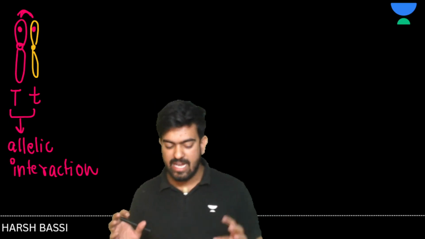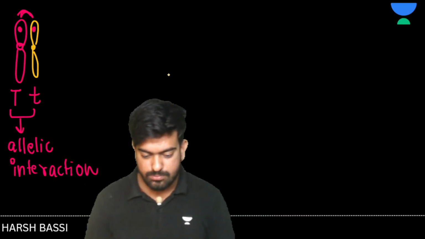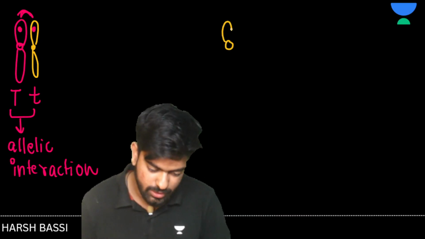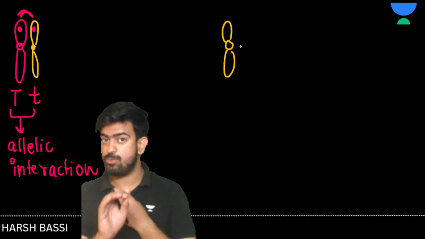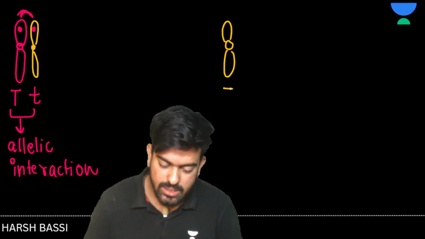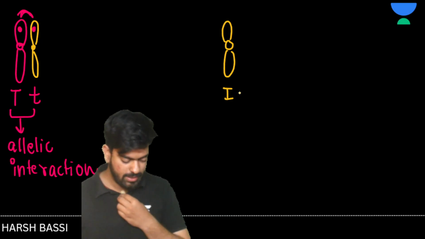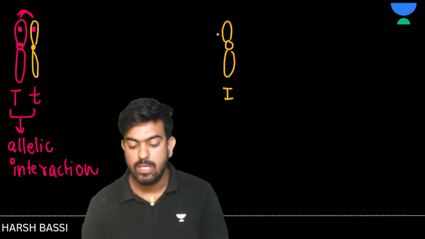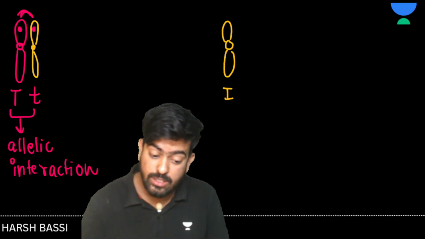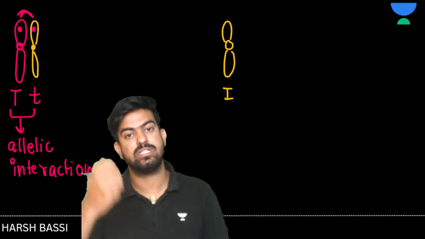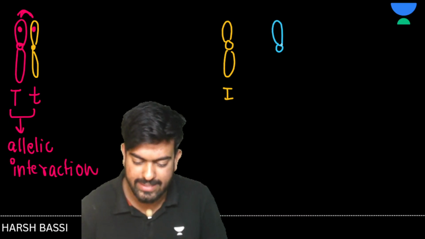See, let's have an example. Suppose this is one chromosome, chromosome number 1. Now we have another chromosome, let's suppose chromosome number 10.